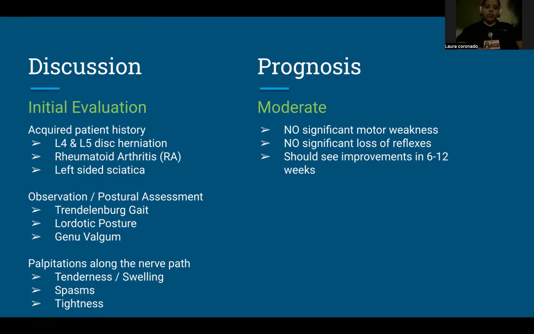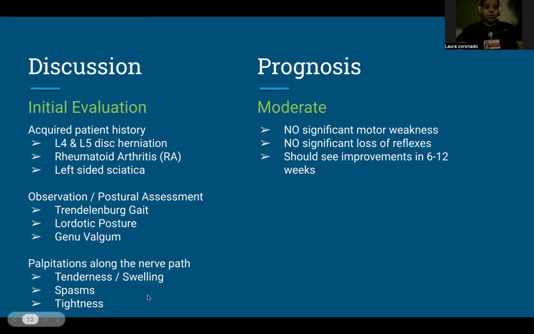Naturally, that extra weight on the anterior side will bring the lumbar spine into a little bit of a lordotic posture, which would then compress the nerve. And then it's because of the RA that she's probably experiencing some genu valgum, which again affects your gait, it affects your knees and your hip.